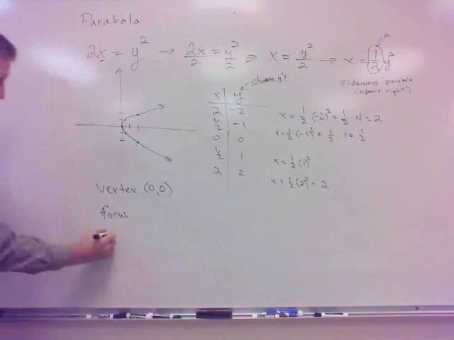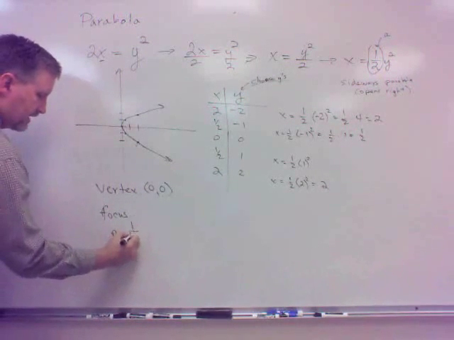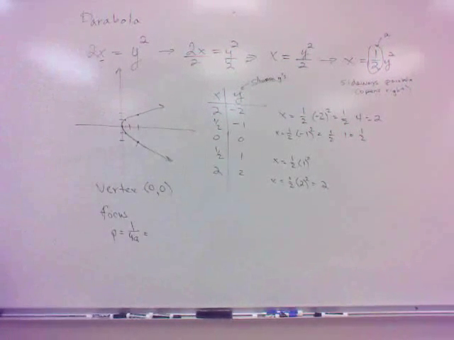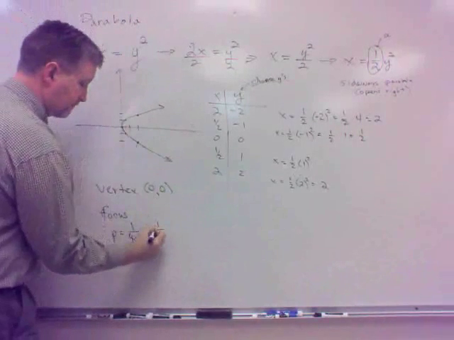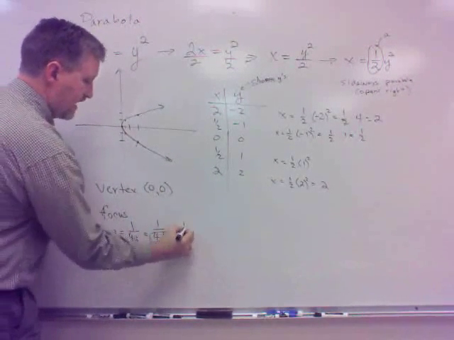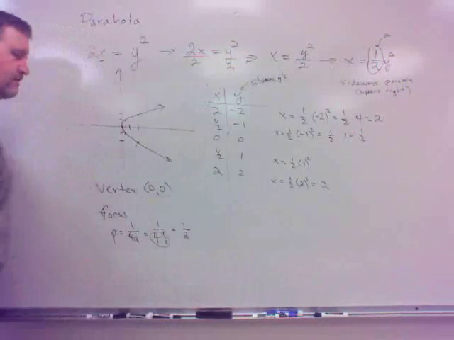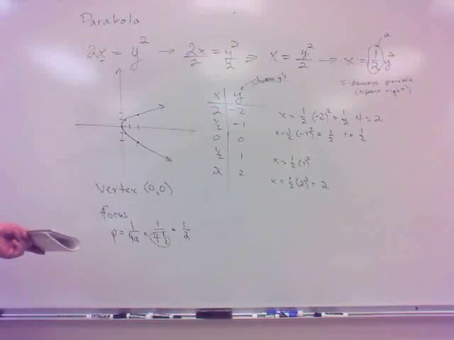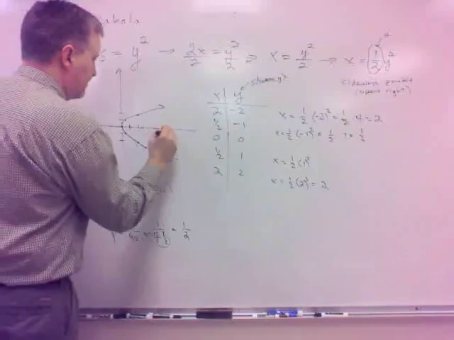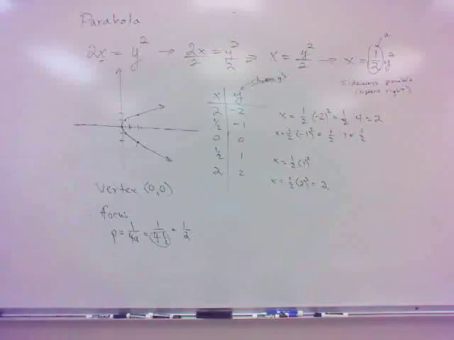Well, the p distance is 1 over 4a. And that's why I like to put it in that form, because a is 1/2. So you multiply 4 times 1/2, you got 2. 1 divided by 2, so the p distance is 1/2, but where is it? Well, the axis of symmetry is here, and the p distance is always along the axis of symmetry.